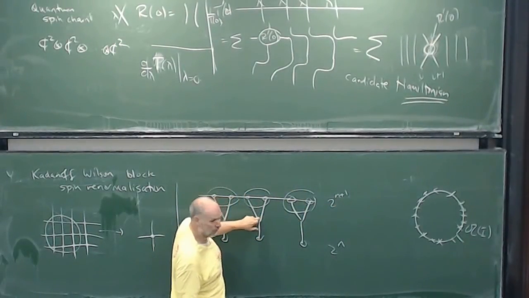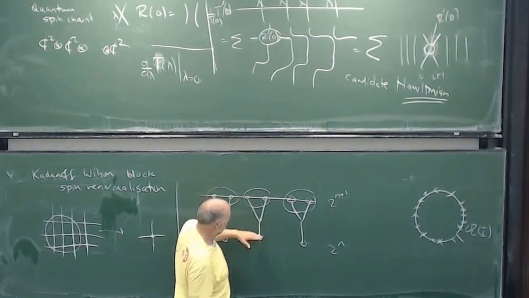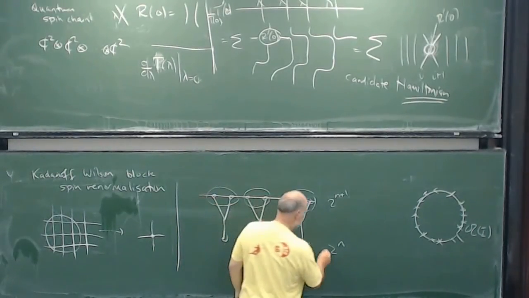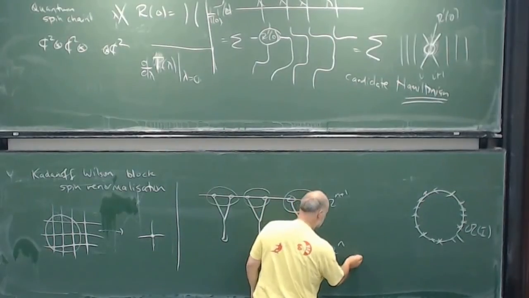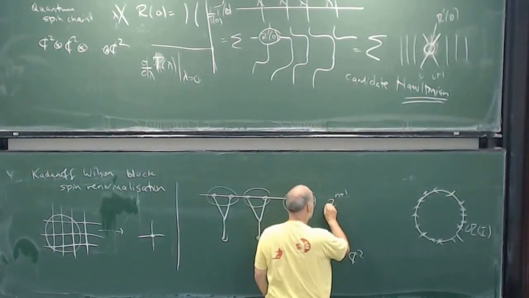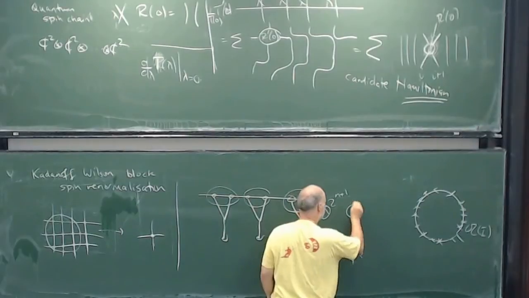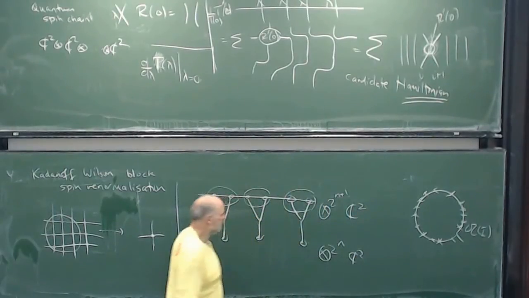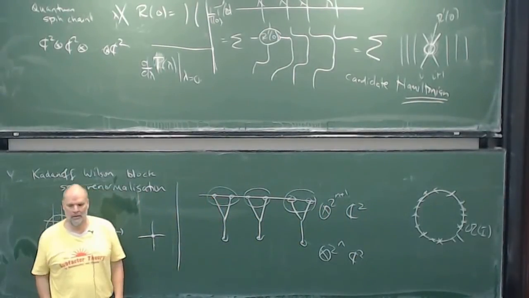whatever it was, this fork here, to embed this spin chain. This will be the tensor product 2 to the n times of c squared or c cubed or whatever, inside the tensor product 2 to the n plus 1 times. All right?